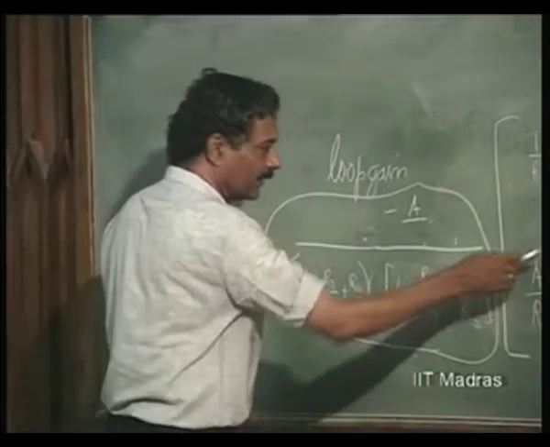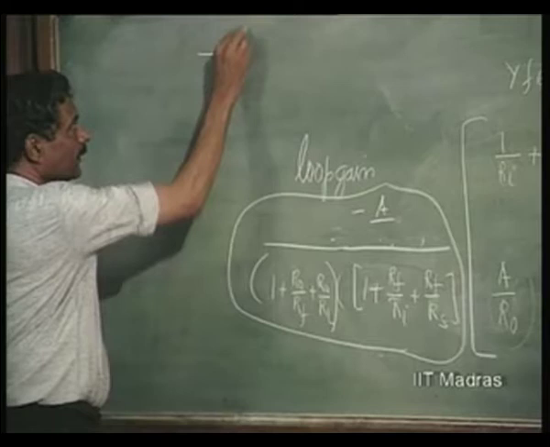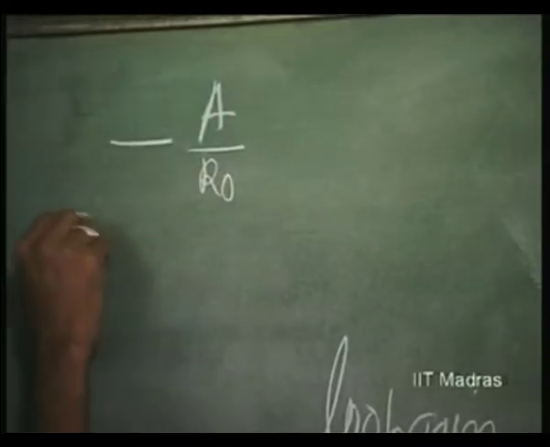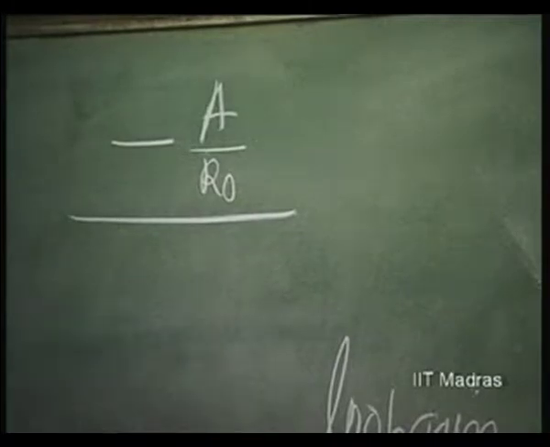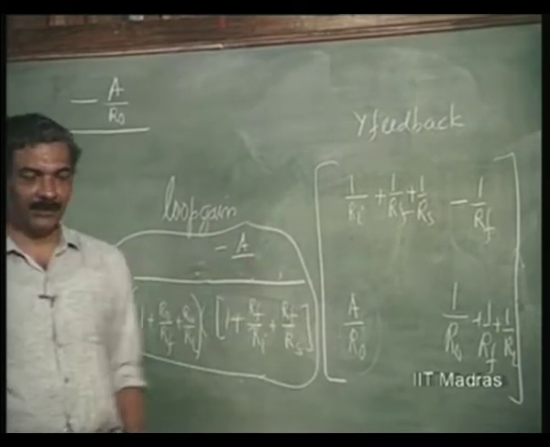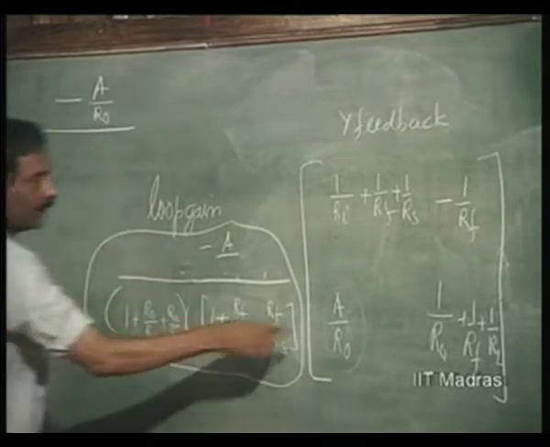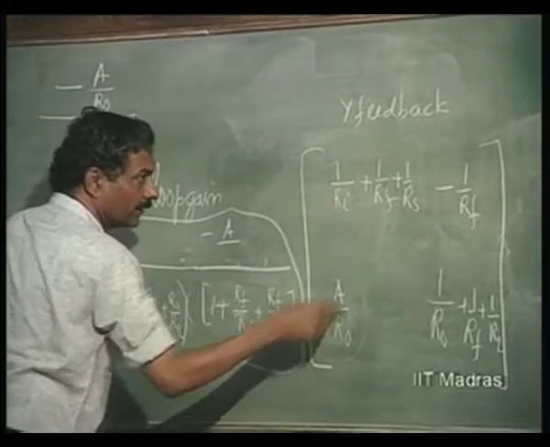As far as this parameter is concerned, it will become minus A divided by R naught. This is the Y feedback. So, we have to convert it into Z parameter. So, what is the Z parameter? Minus A by R naught divided by this into this plus this into this.